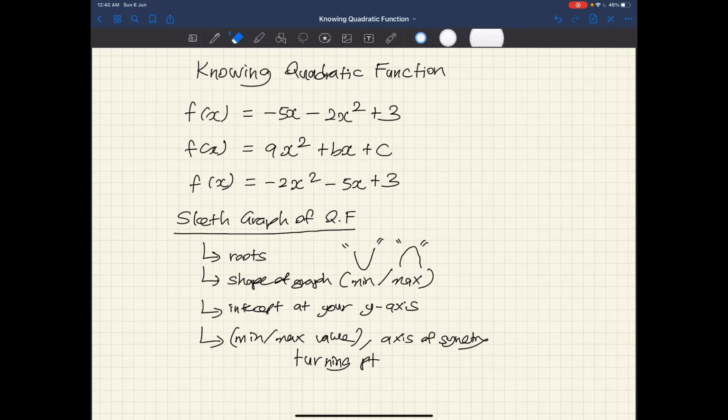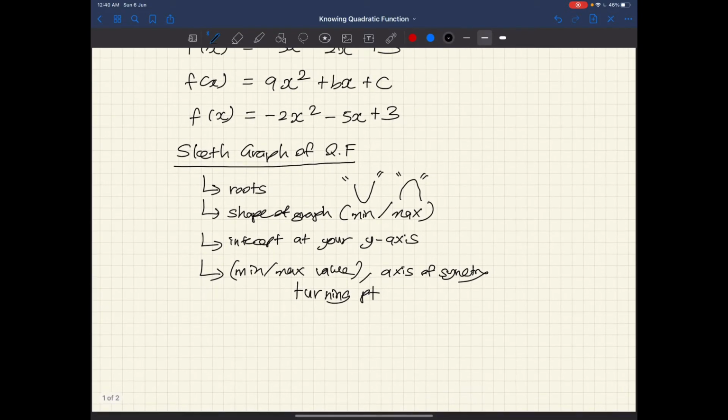First we look at the roots. For the roots, let's go through the equation first. In this case the equation is pretty simple. So you have f(x) equal to negative 2x squared negative 5x plus 3.